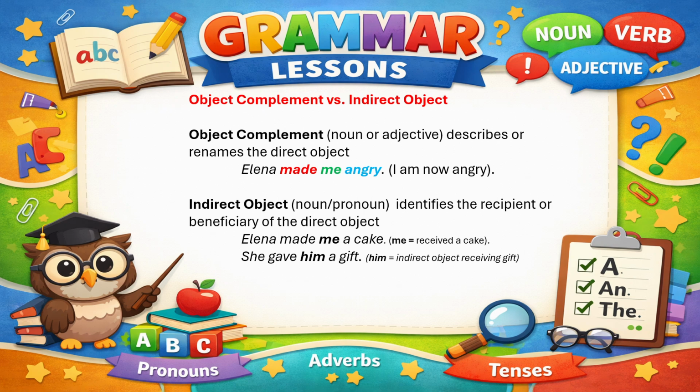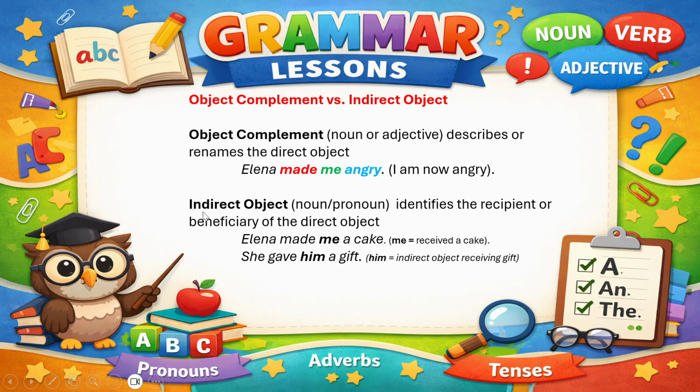As I have already talked about, the object complement describes or renames the direct object, and mostly the object complement is either a noun or an adjective. As in the case, Alina made me angry, here the object complement is angry, and it is an adjective in parts of speech and tells something more about me.